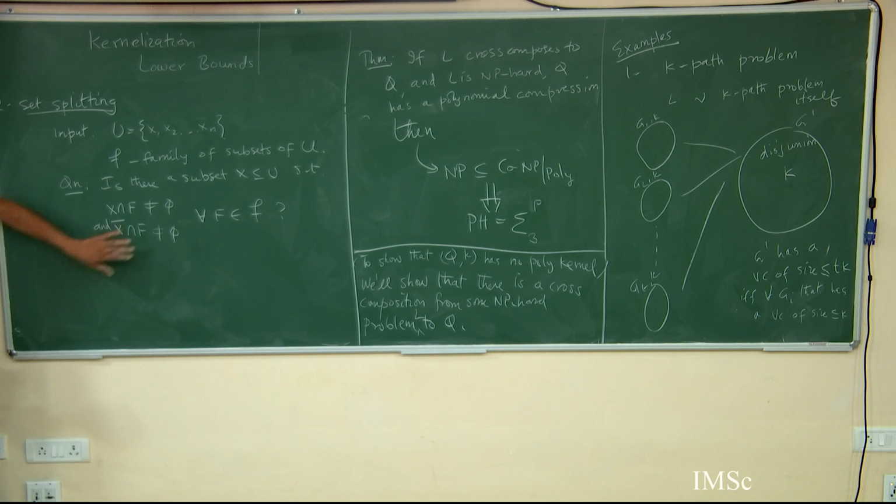If I just said this, it is exactly the hitting set problem, where I want to intersect every set. But now what I am saying is, I want to come up with the set such that for any set it should contain some element which is in X, and it should contain some element which is not in X. Okay, so I want to split every set.